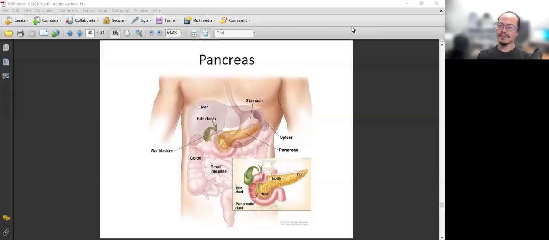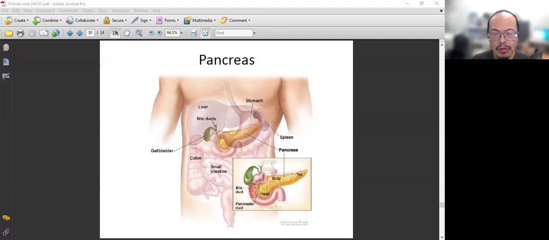The reason I bring this up is that when we look at the location of the pancreas, we find that it's attached to something. It's not like the other organs that release their hormones into the blood circulation. This one is attached to the digestive tract.